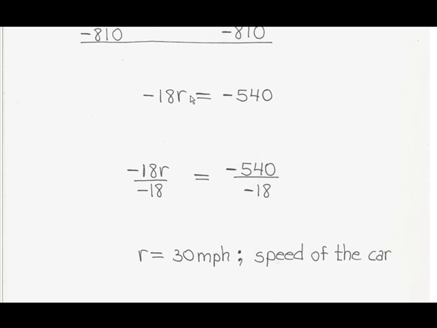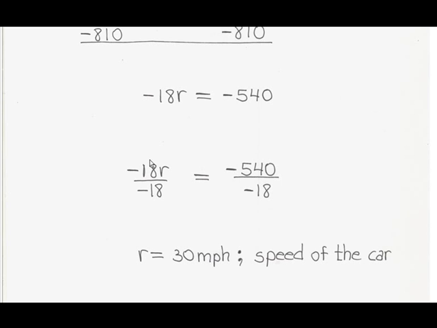Well, we're still looking for what r is, but r is being multiplied by that negative 18. So we now know that we must do opposite operations. So the opposite of multiplying the r by negative 18, in order to undo this, we know we have to do the opposite of multiplication. We have to divide both sides by negative 18.